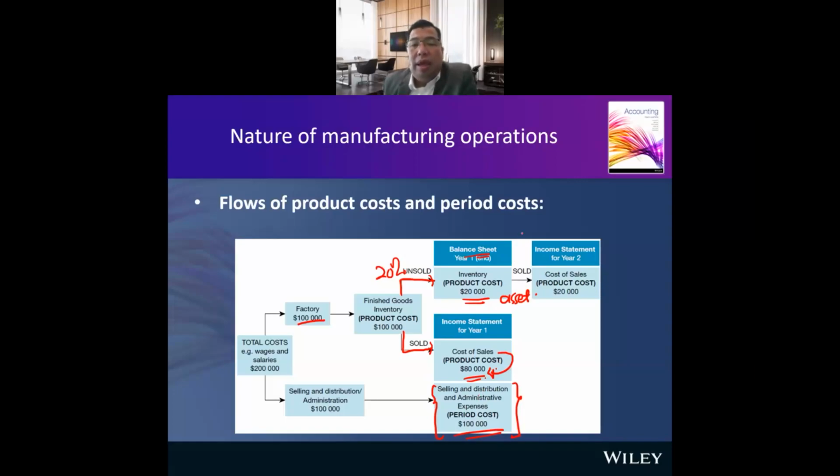Next year, if you sell the 20,000 items, from the inventory it will go to the cost of sales in the following year. So this is the breakdown, the difference between product cost and period cost.